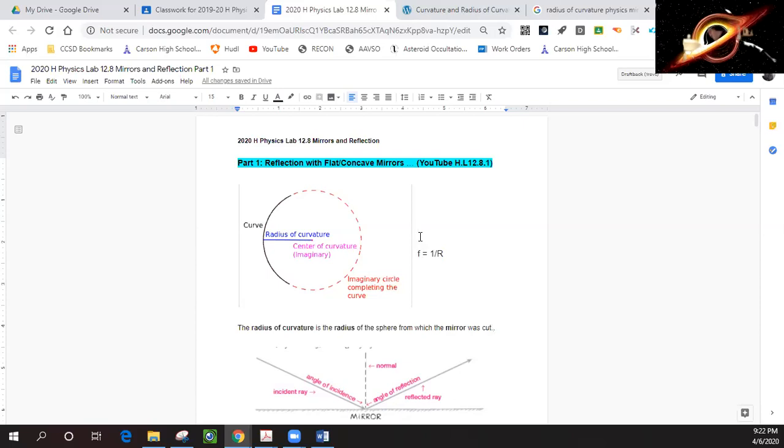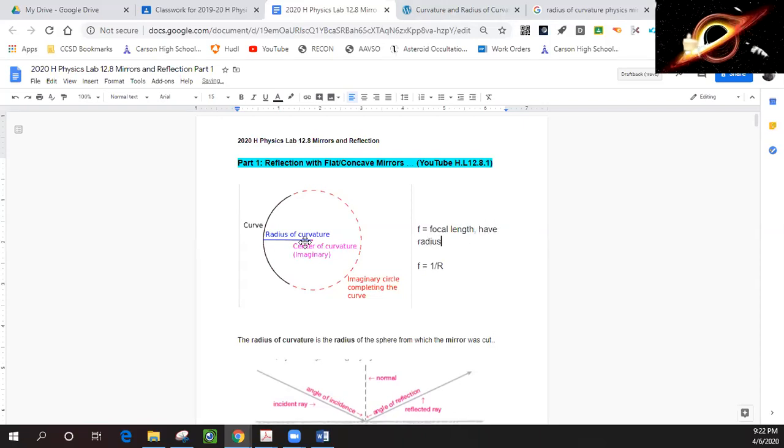So we're going to have here F is equal to focal length, and we want to figure out what that means. We'll talk about that in a second, but there is a relationship. Focal length is going to be a point that's halfway, or half the radius. So we could say focal length is half radius for right now, just until we get going here.